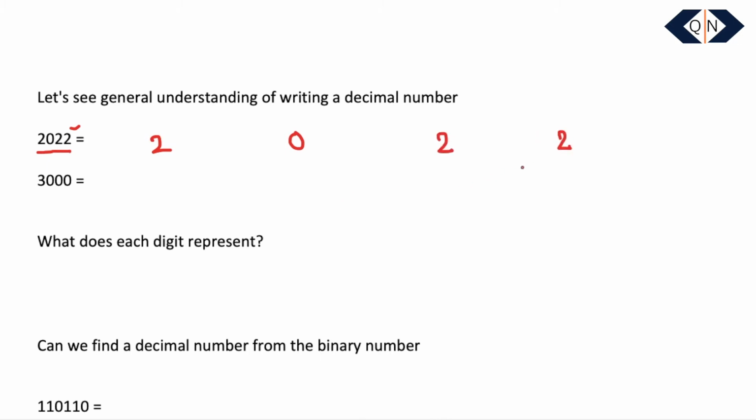So this is at the first decimal place, this is at the second, this is at the third, and this is at the fourth. What do you mean by decimal? Decimal means 10. So the first decimal place, means ones position, will have 10 to the power 0. Now for the second decimal place, 10 to the power 1, then 10 to the power 2, then 10 to the power 3.